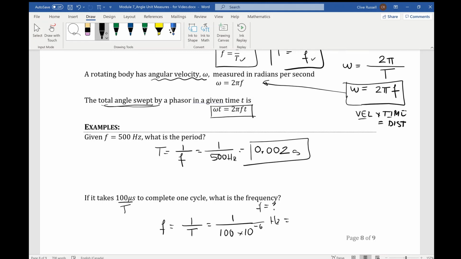If you plug this in your calculator, you're going to get 1 with 4 zeros, which is 10,000 hertz, which you can write as 10 kilohertz.